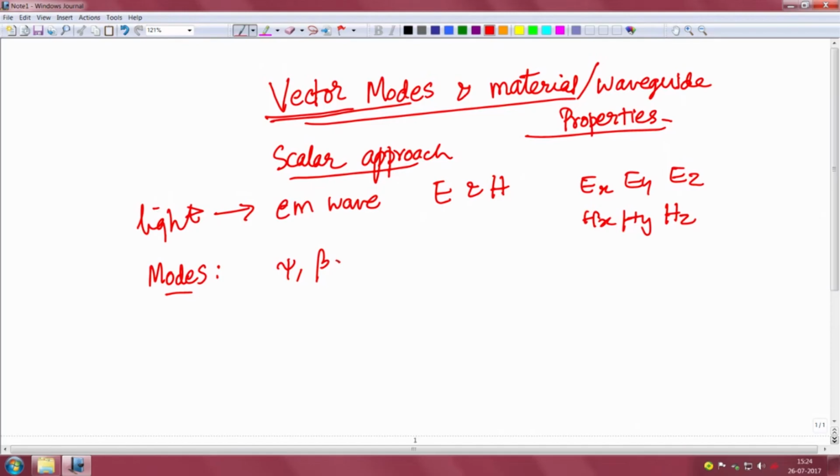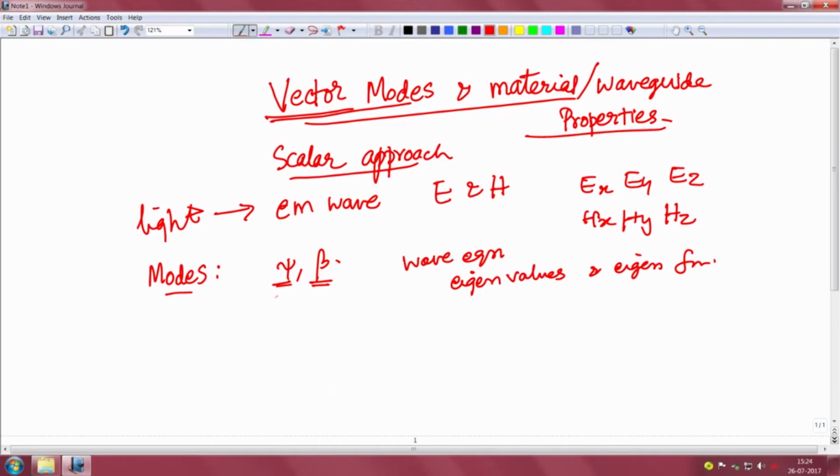The mode field and the propagation constant are obtained from the wave equation. We used a scalar wave equation, and they are obtained as the eigenvalues and eigenfunctions of the scalar wave equation.